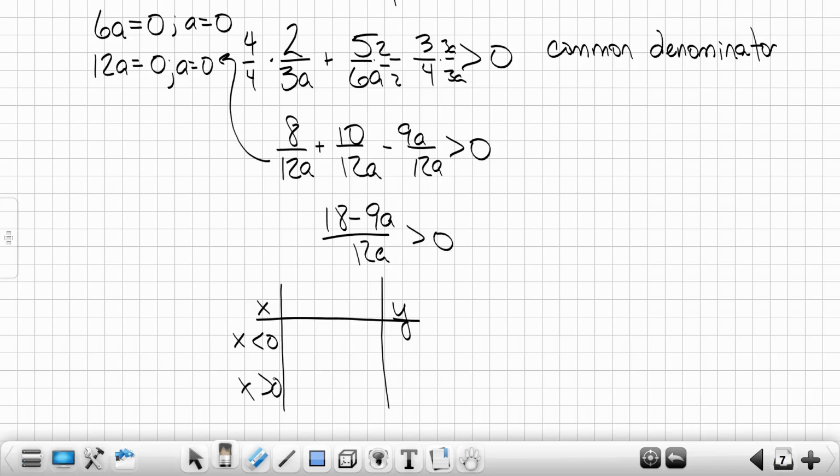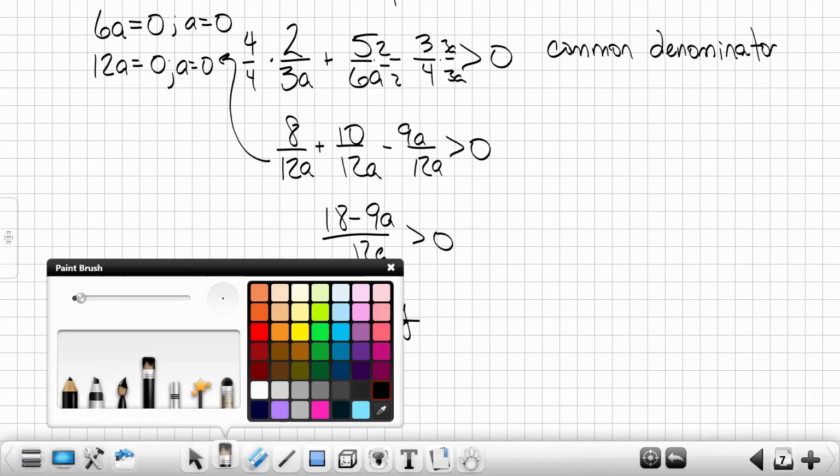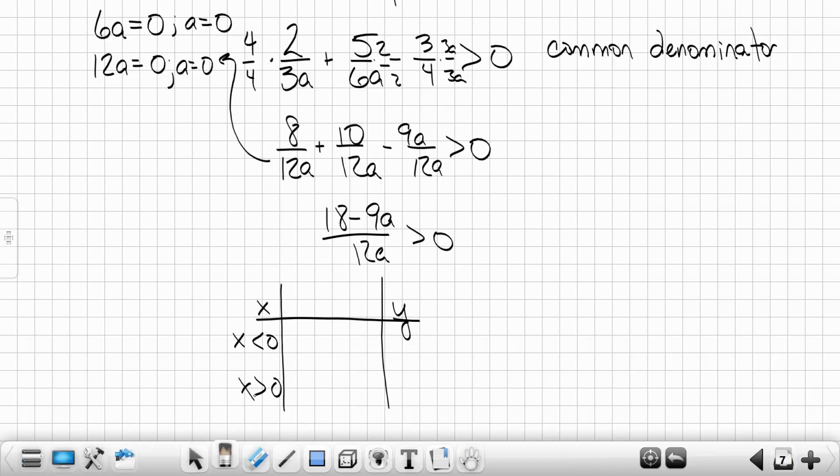X is greater than 0. We're going to check to the left and to the right of 0. So what would be an easy number less than 0? Now, since we only have one test point, let's go with integers. Let's not even pick decimals. Let's make our life easy. -1 would be a super easy number less than 0.